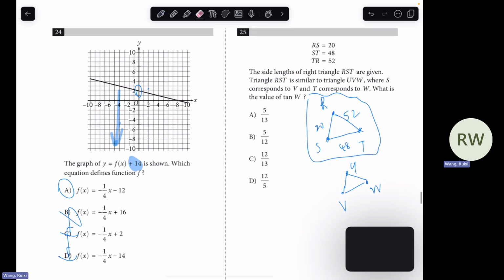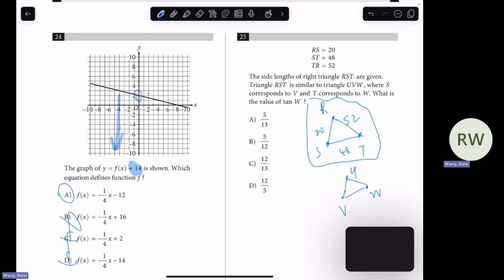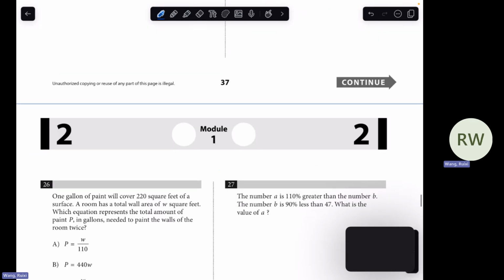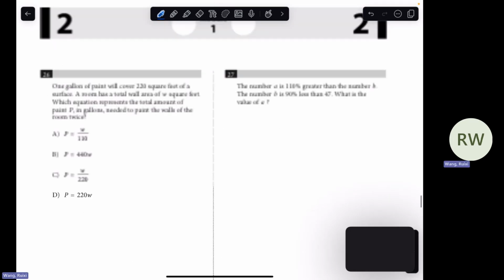So this is 4 times 5, 4 times 12, and 4 times 13. So it is a right triangle where RST is 90 degrees. So tangent W is going to be UV over VW, opposite over adjacent, which is 5 over 12. Okay, 2 more.